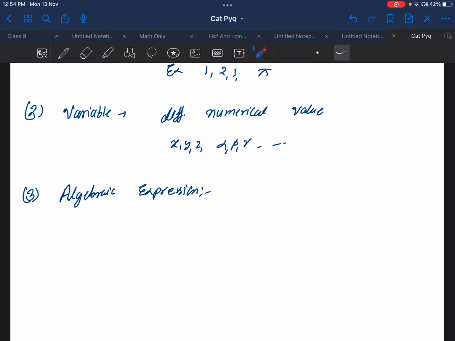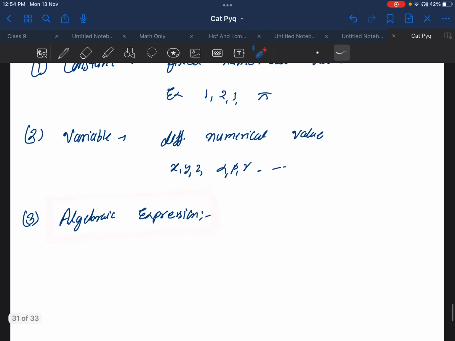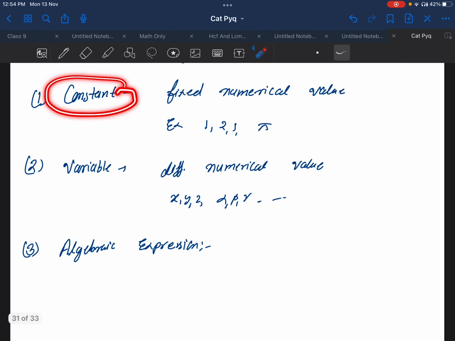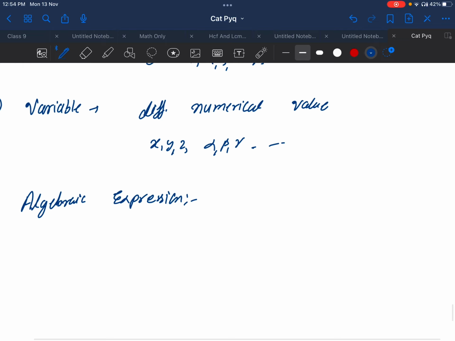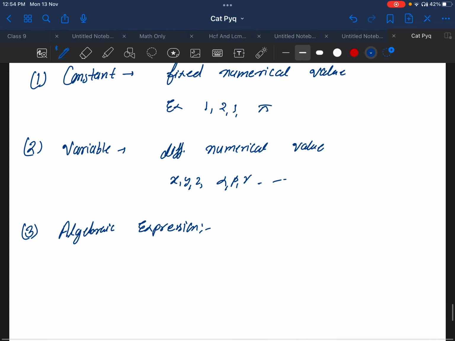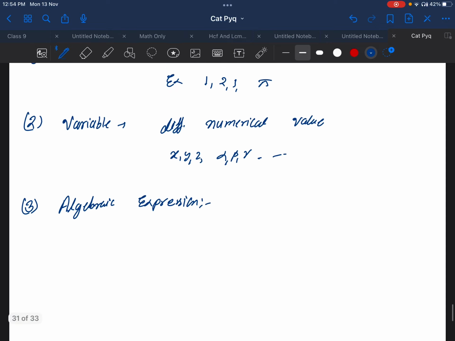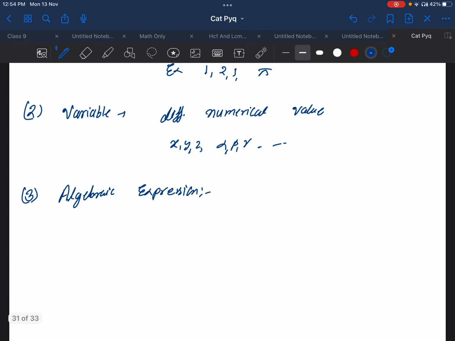It is the combination of a constant and a variable, connected with plus, minus and multiplication. For example, 2x plus 3y plus 4.